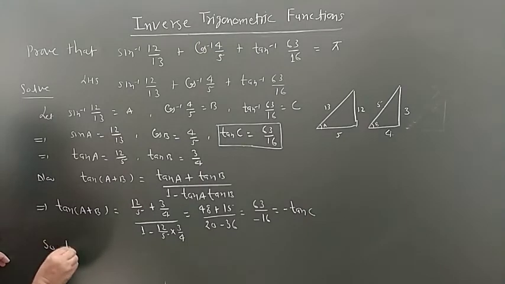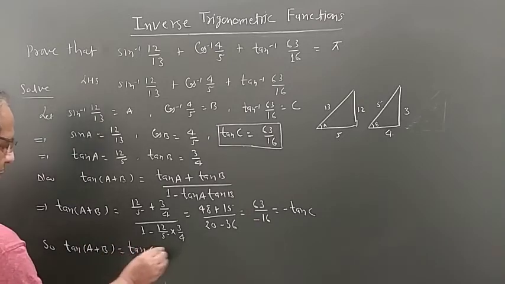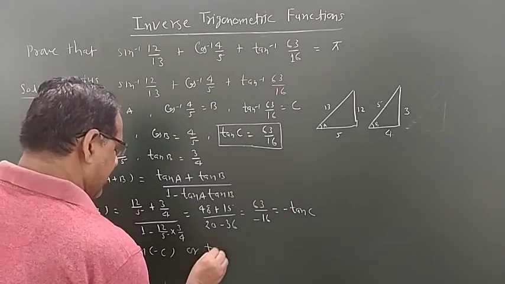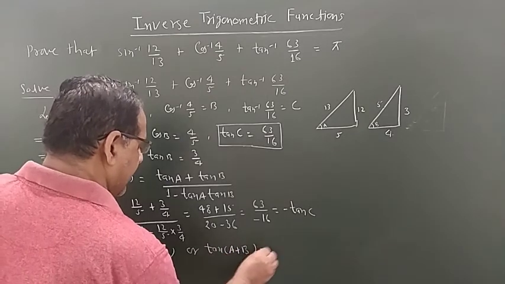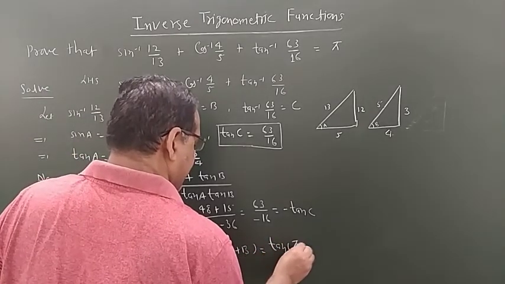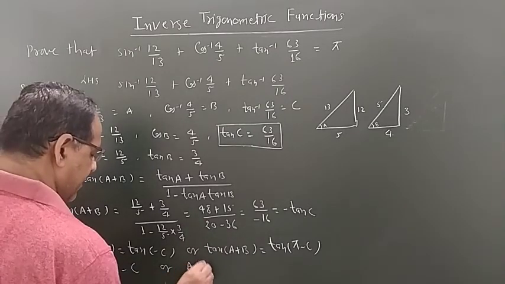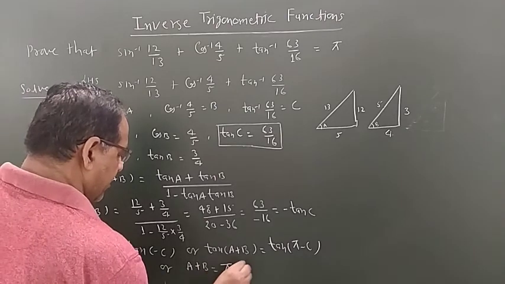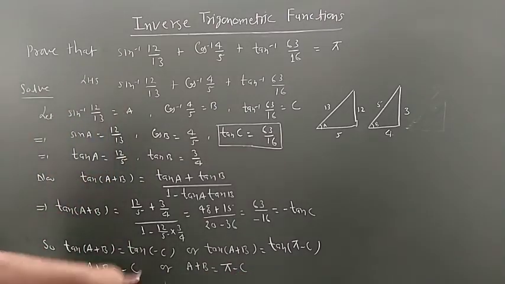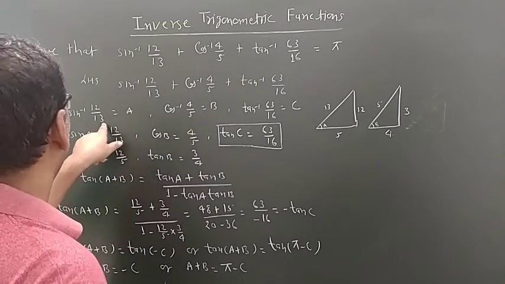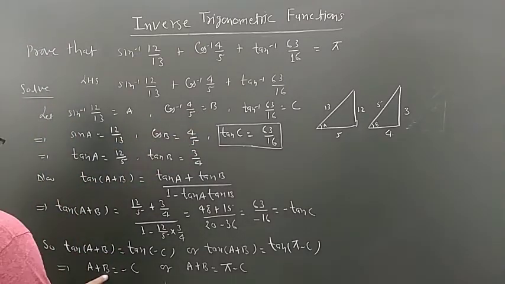So tan of A plus B equals tan of minus C, because minus tan C can be written as tan of minus C, or tan of A plus B equals tan of pi minus C. So we have A plus B equals minus C, or A plus B equals pi minus C. Here A and B both have positive values.